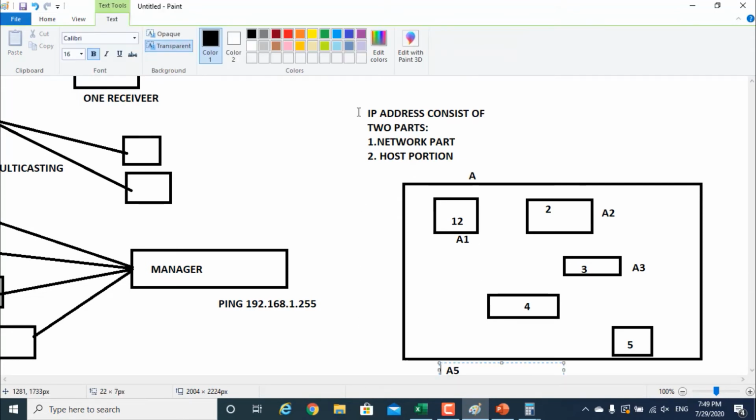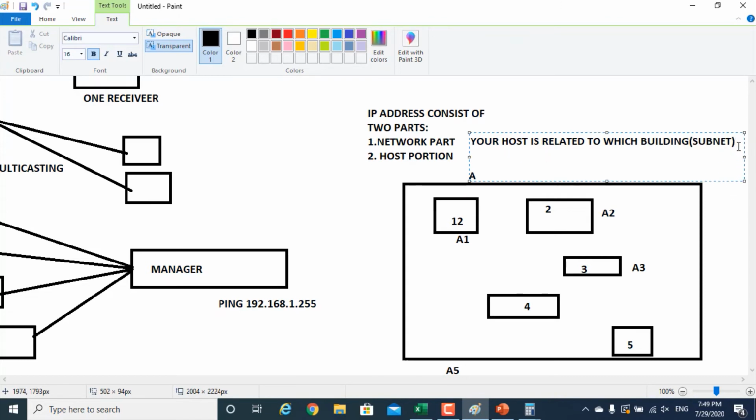What do I mean by this? In an IP address we have 2 parts. The first part is the network, and the second part is the host. The network will identify which building your host is related to, or technically, which subnet. In technical terms, we use subnet.